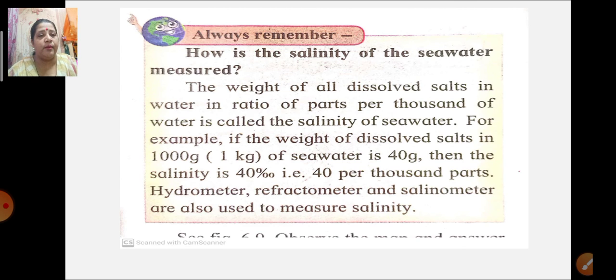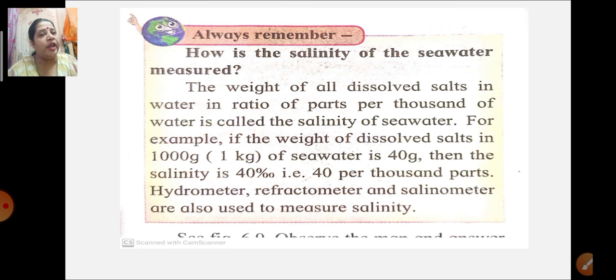For example, if the weight of dissolved salts in 1000 grams of seawater is 40 grams, then the salinity is 40 per thousand. That is 40 parts per thousand.